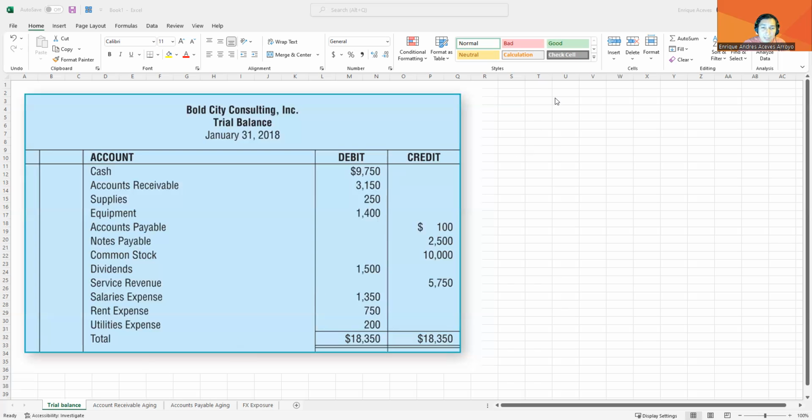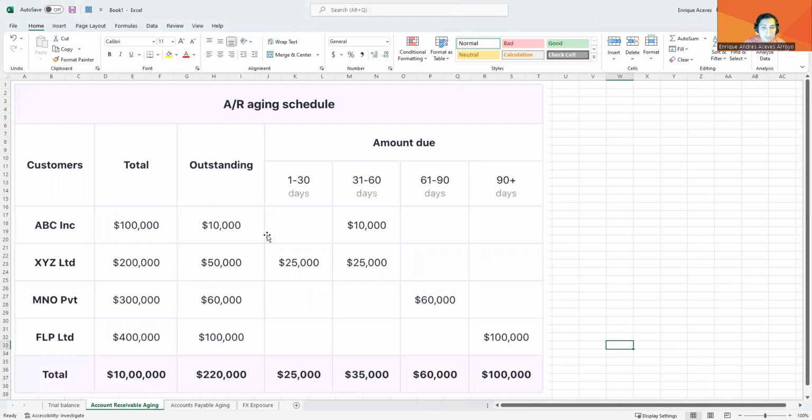So once you have your trial balance, one of the basic reports that you will have to use, even for internal control purposes, which you will see why in one of the final lessons, is what is called an accounts receivable aging.